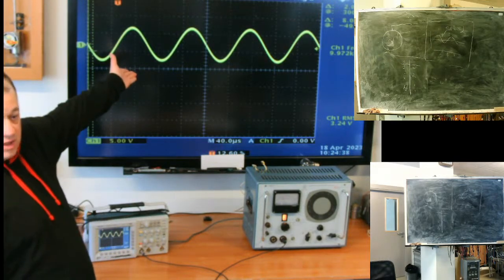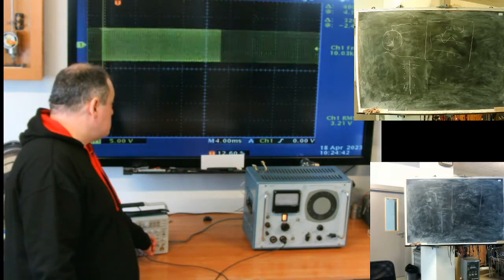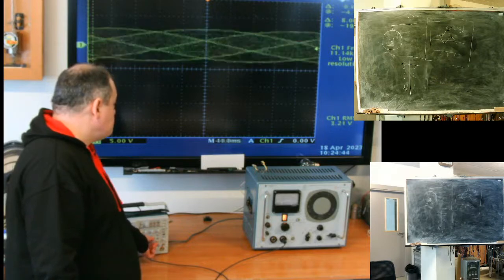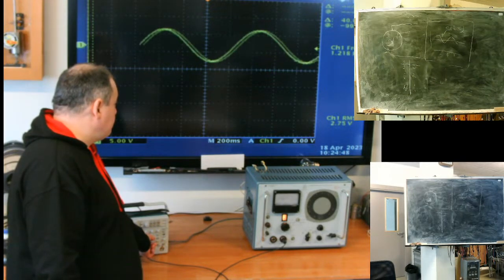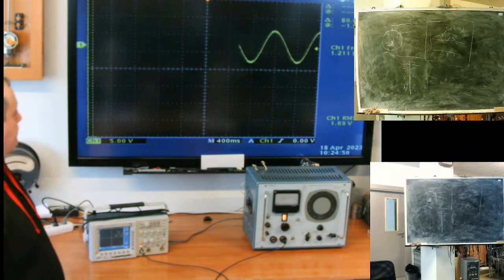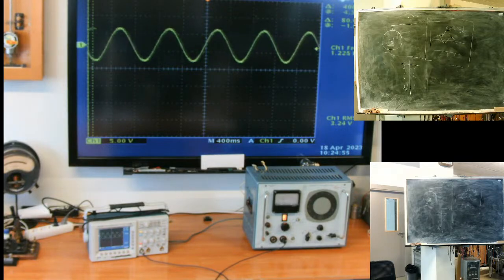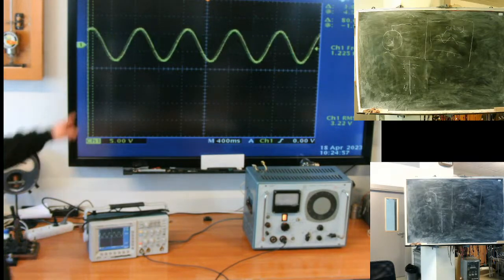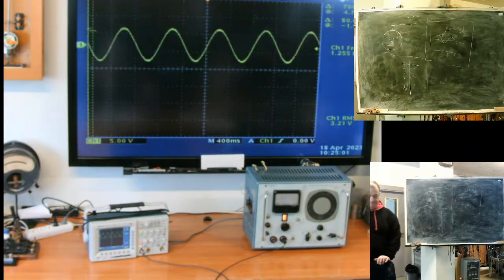A sine of 10 kilohertz on a different time scale shows hertz. How can it be? The effect we are observing now is the so-called aliasing.